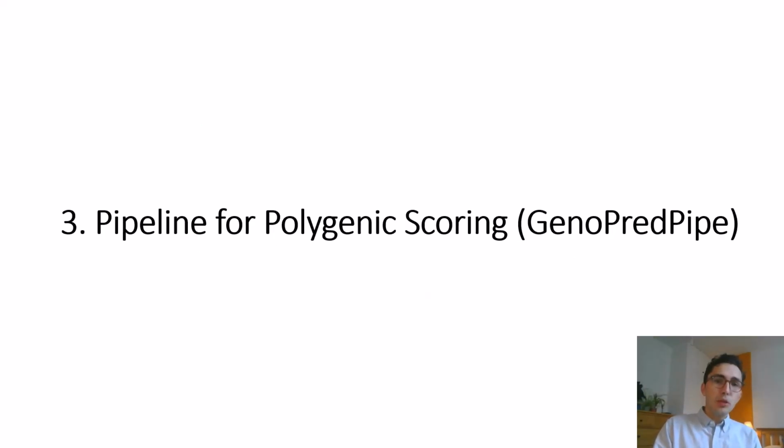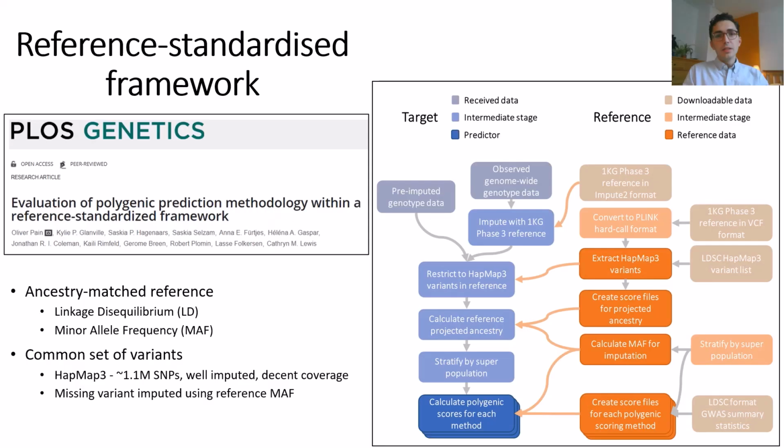Okay, so now I'm going to move on to the last section of my talk, which describes our recently developed pipeline for polygenic scoring called GenoPred Pipe. So, most of the work I've just presented is contained in the study shown in the top left, where we also describe the reference standardized approach for polygenic scoring.